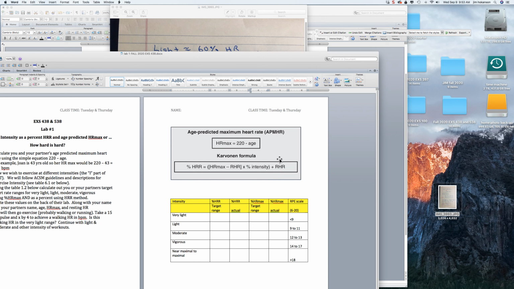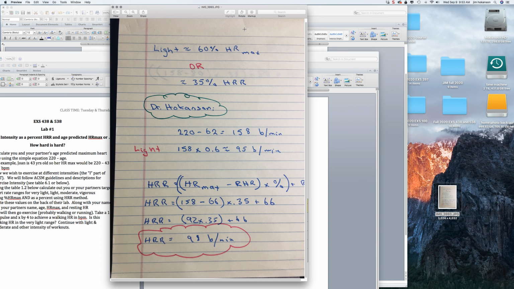I'll go back to my notes, and here's myself again. At the top was light, and at the bottom is light, but using the heart rate reserve method. So it's my max minus my rest times the percent, and then rest is added back to that. My max was 158, and my rest is 66, so I'm relatively fit for my age.